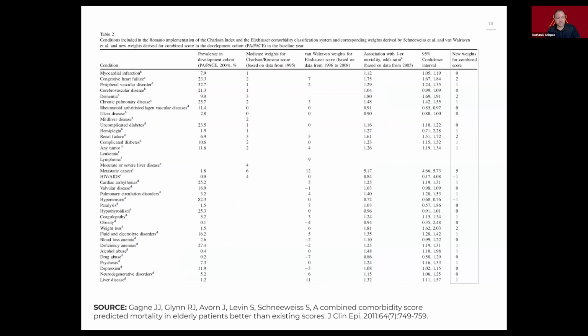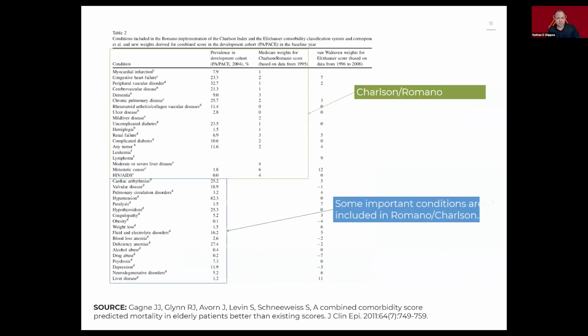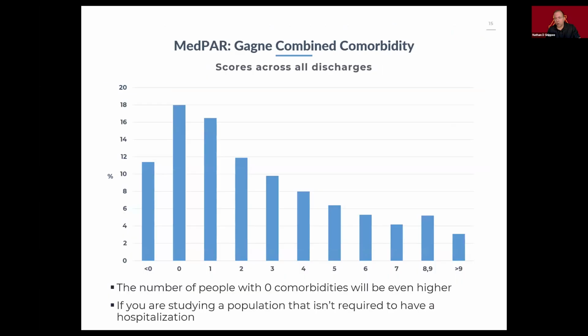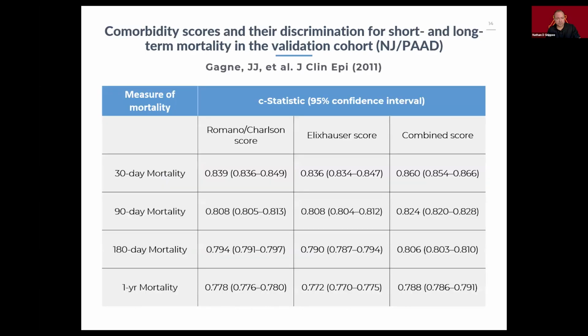So again, the set of conditions comes from both the Charlson and the Elixhauser separately, but they are kind of combined in the approach of the Charlson, which is the weights are created based on relative risk and then added together. What Gagne et al. found was that this actually predicted mortality better than either the Elixhauser or the Charlson alone.